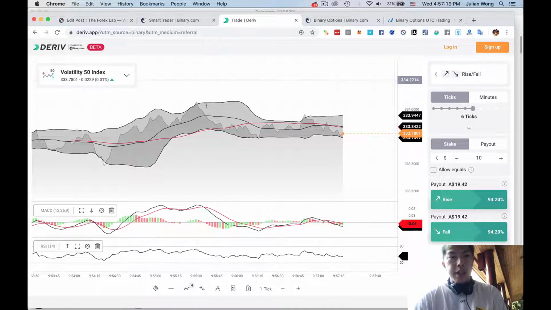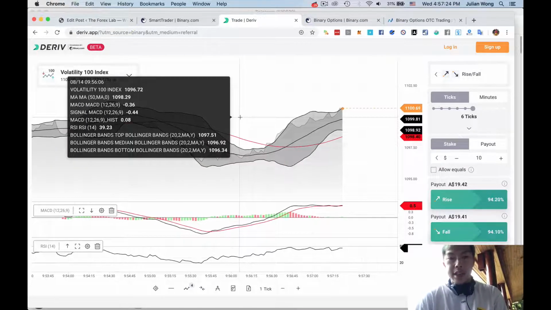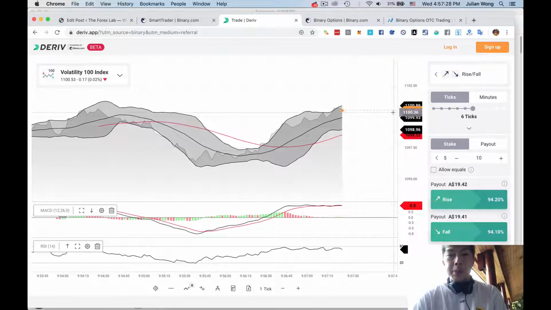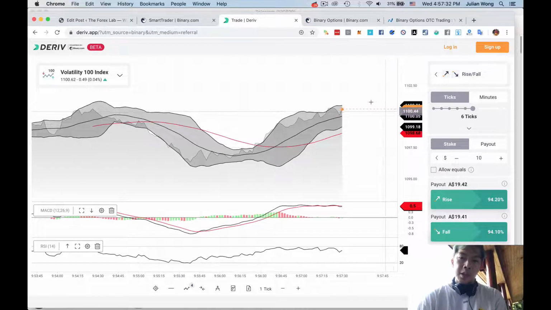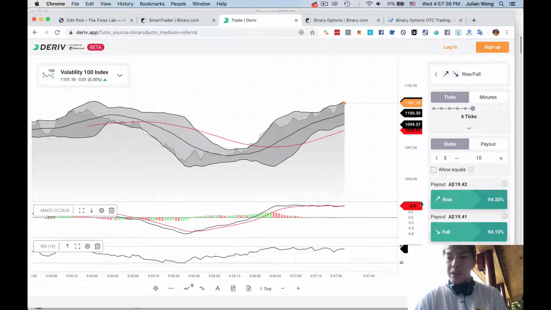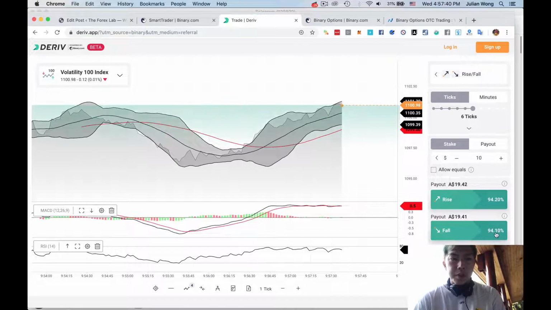The most recent one is the 100 index, which is the fastest by far, for those people who have ADD and just want to trade a lot faster. In this case, you would be able to predict and at the same time preview the payout that you will receive over here.